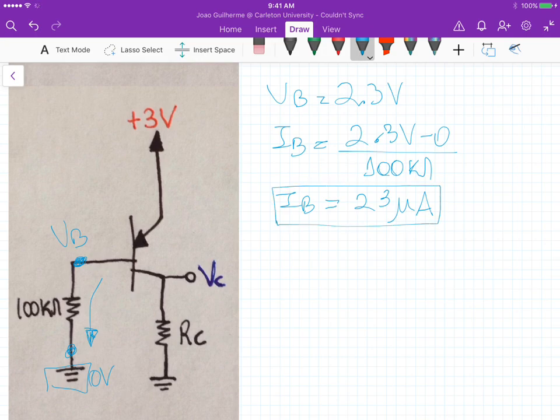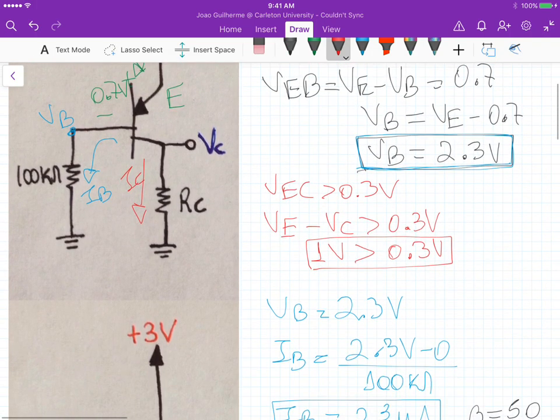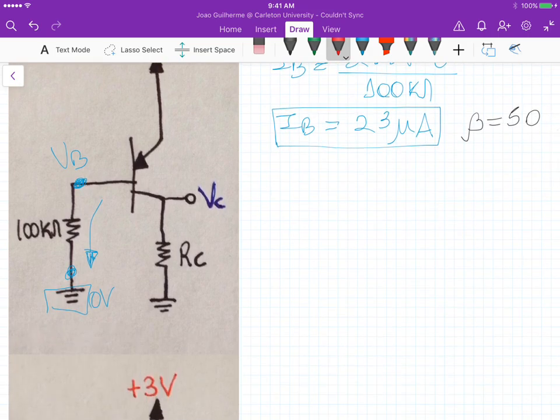Now, because we know IB equals 23 microamps and we know the value of beta in our first case is 50, we can calculate the current at the collector. The current at the collector here is going to be equal to beta times IB for the active mode region.